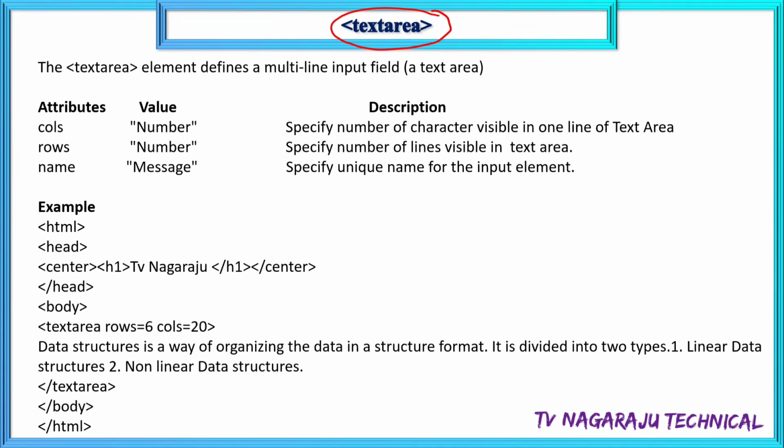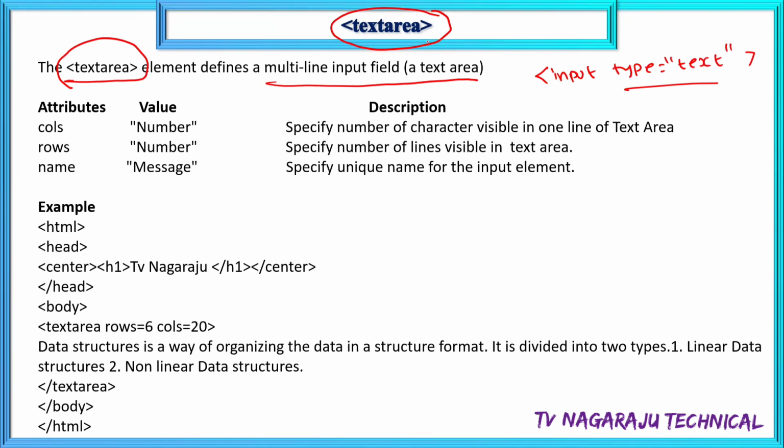If you want to create a box with multiple lines of input, what is the name of the tag? Text area. Previously, input type equal to text creates only a single line of text. If you want to create a multi-line input field, we use text area.